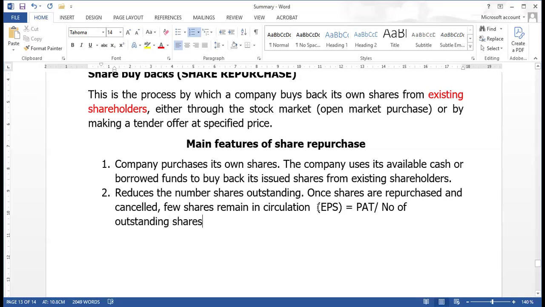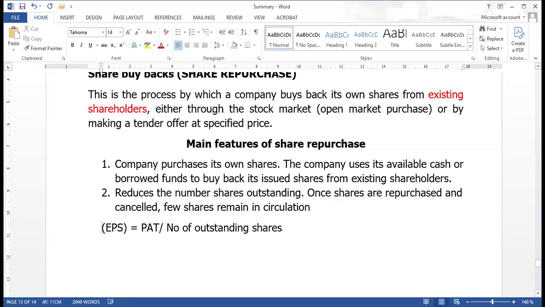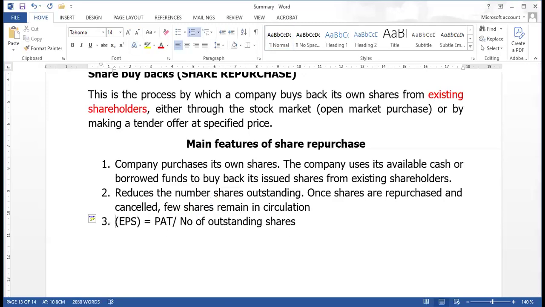So if the denominator is lower, this EPS will increase. So this share purchase has reduced the number of shares, and at the end of it all, our EPS will be high. That is something that you can also add.